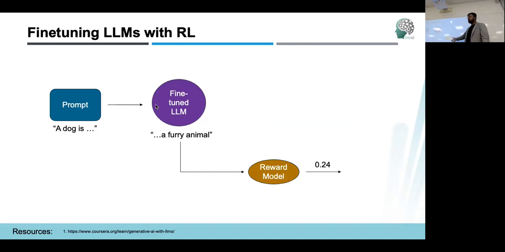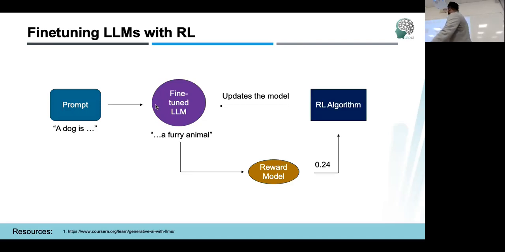So this reward model is giving a score of, say, 0.24. It goes higher than 1, so you can have 5, 10, but the higher the reward, the better. Positive rewards mean it is classifying it as good. It can also be negative. So that's what it means.